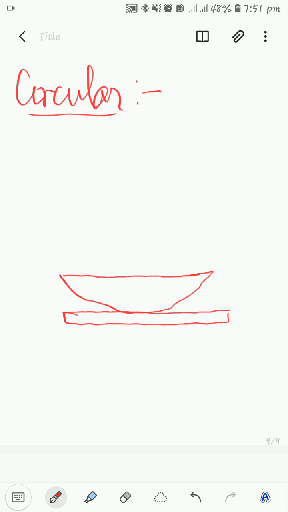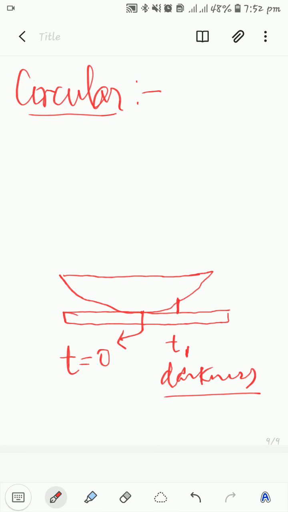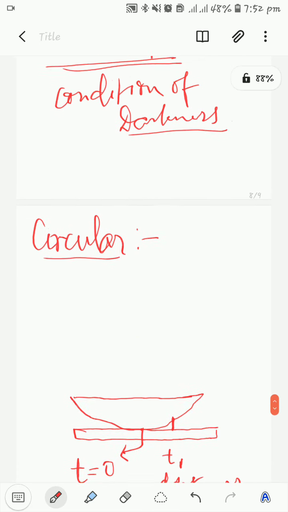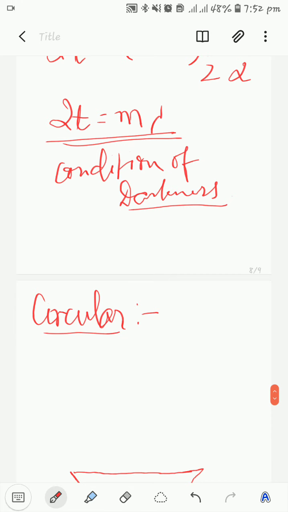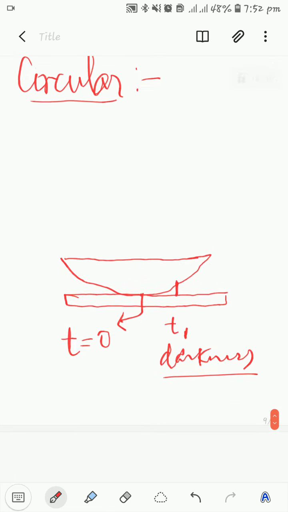At the point of contact the thickness of the air film is 0. As we move further from the point t is equal to 0, suppose at some thickness t1 there is a condition of darkness. The sole factor on which darkness or brightness depends is thickness, because this is the only variable factor in the whole experiment.